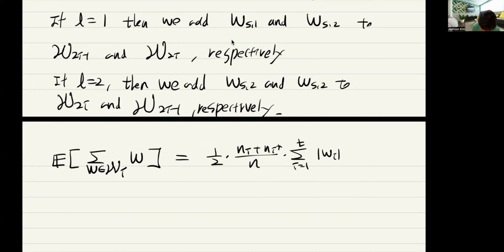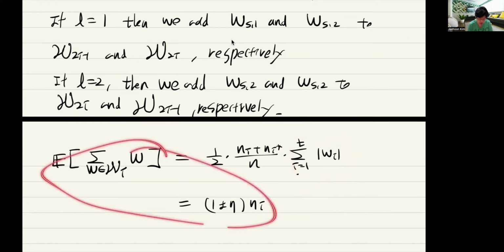And this is roughly n minus eta n, so it's like 1 plus or minus eta times n_i. So the expectation is very close to n_i. It is not exactly n_i because W0 we are not assigning, but it's not a big deal. Then we have this very close expectation.